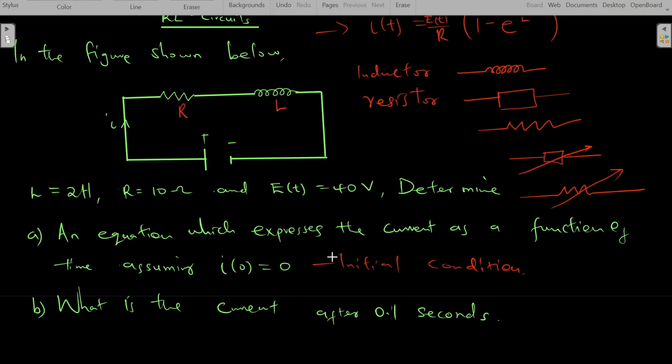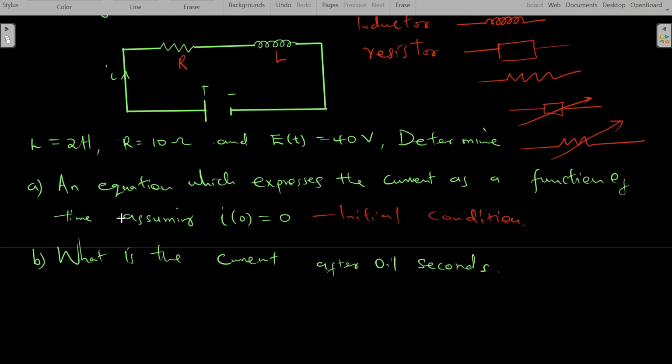So these are the initial conditions. These are resistors, and keep in mind this is an inductor. So this is an RL series circuit.